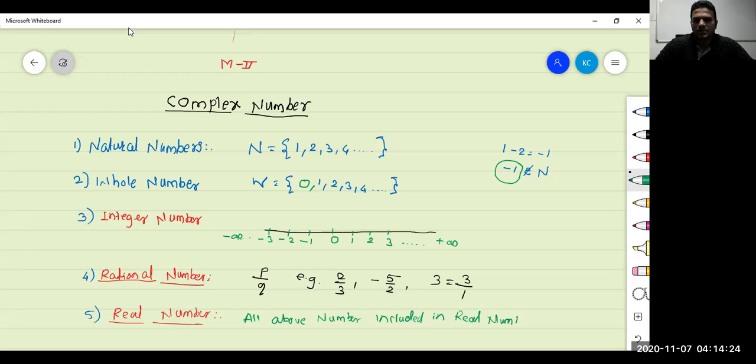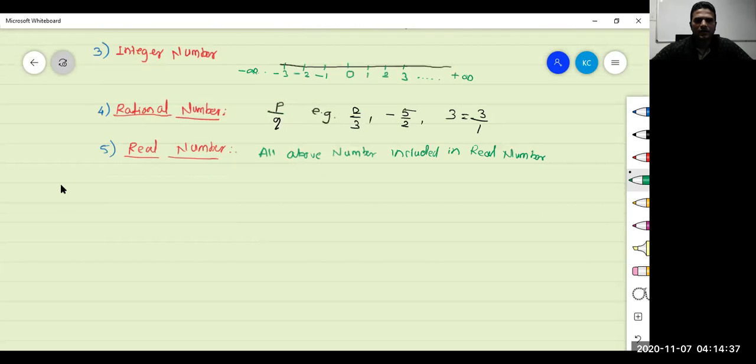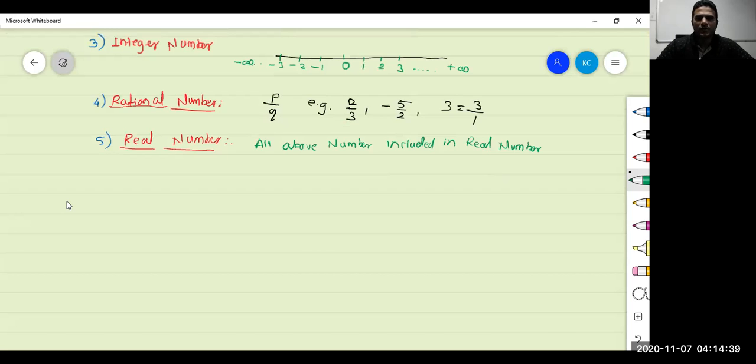So this is the biggest set till your 10th: natural numbers, whole numbers, integers, rational numbers, and real numbers. All the above are included in the real numbers, meaning natural, whole, integer, rational numbers and irrational forms.